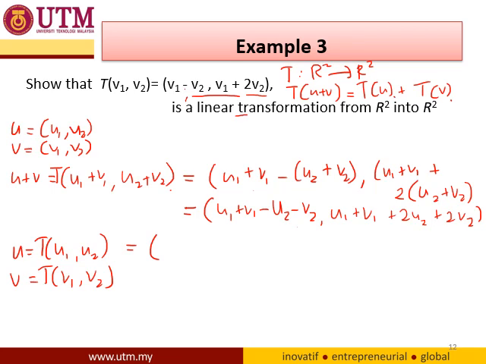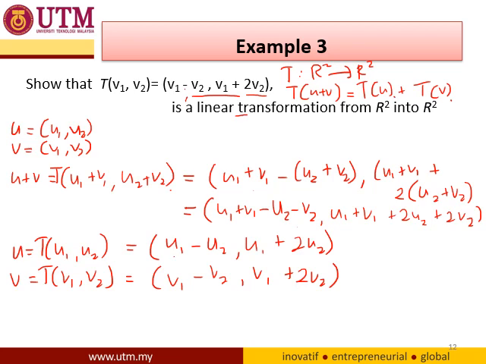u1 minus u2, and then you will have u1 plus 2u2. As for the v, same, you will get your v1 minus v2, v1 plus 2v2.